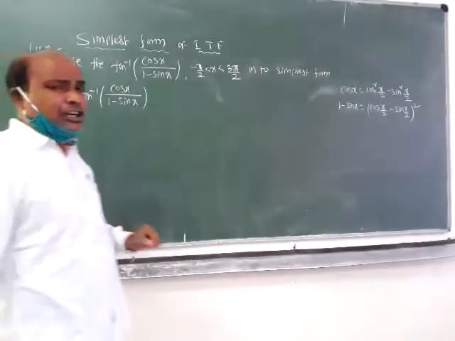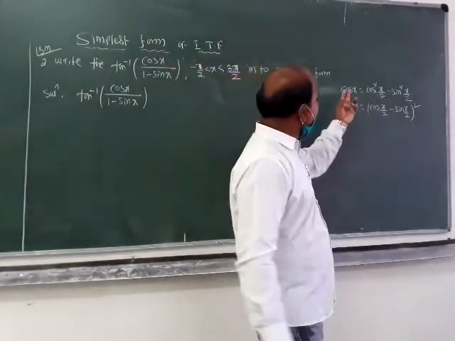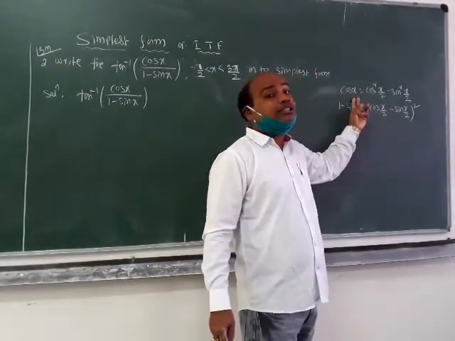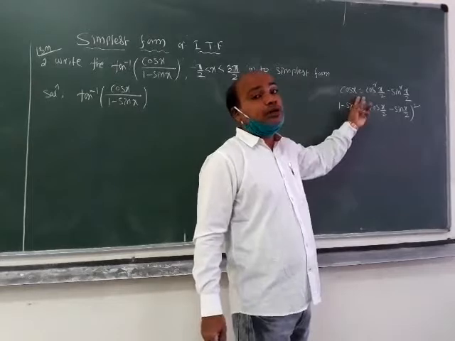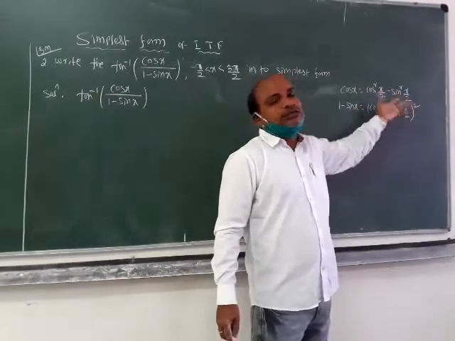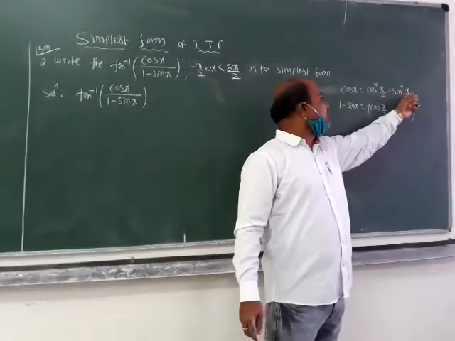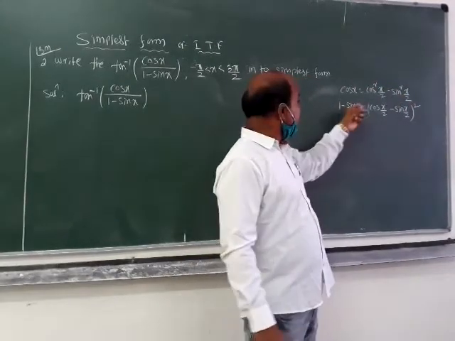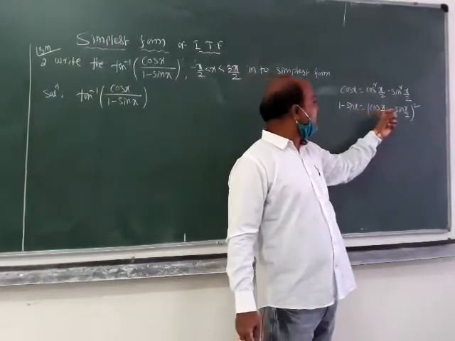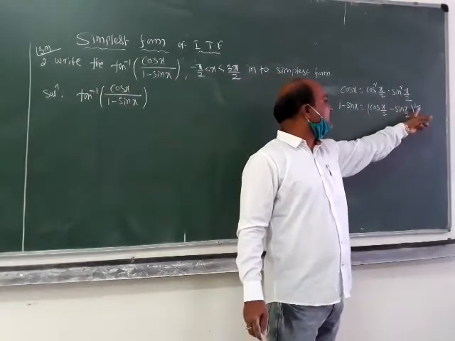You already know from the first PUC that the formula for cos 2x is cos square x minus sin square x. So the cos x formula is cos square x by 2 minus sin square x by 2. But 1 minus sin x is the formula for cos x by 2 minus sin x by 2 whole square.